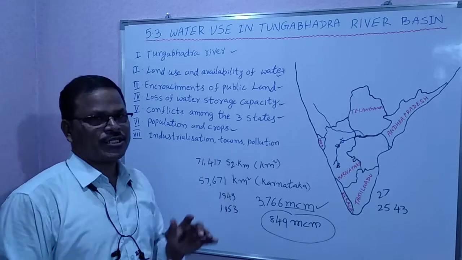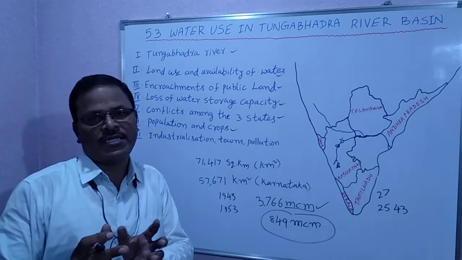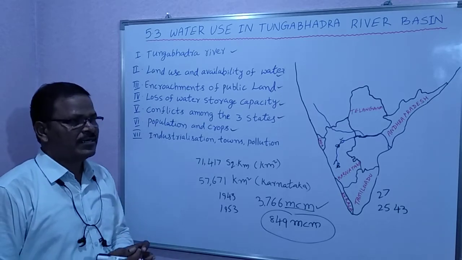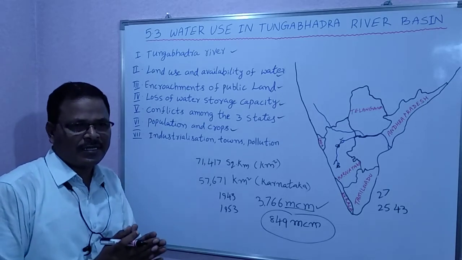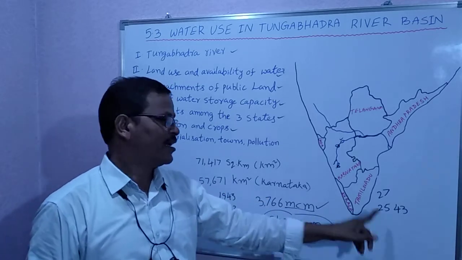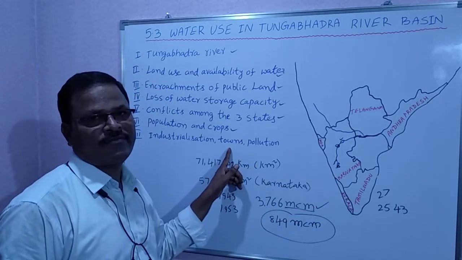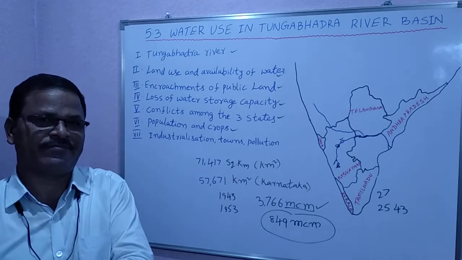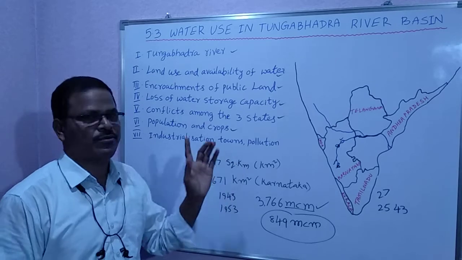Because of urbanization, more water is also needed by them. The water for agriculture has to be shifted to the factories and also to the towns. The share of water for farmers is decreasing because of industrialization and towns.